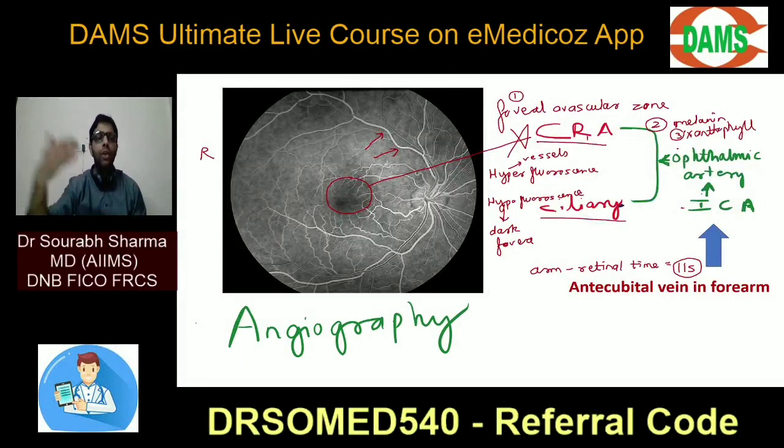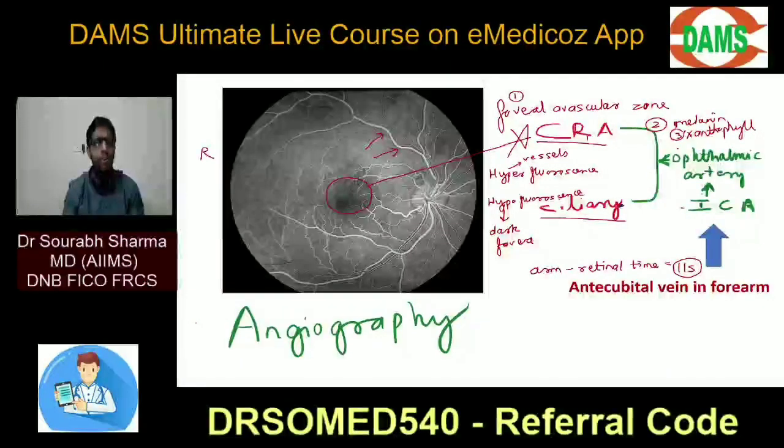That is why the choroid dye is not visible. So it is blocked hypofluorescence. That is the reason why fovea is hypofluorescence on angiography, because of foveal avascular zone, xanthophyll pigments and melanin pigments. So this is, my dear friends, your normal angiography.